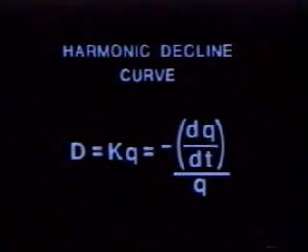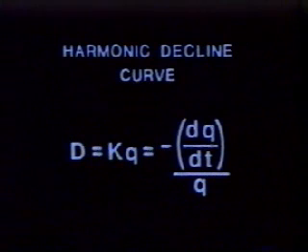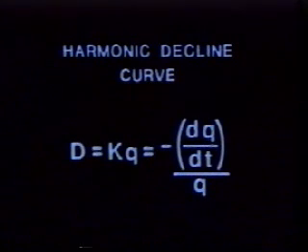Now that we know the basic mathematical relationships for both the constant percentage and the hyperbolic decline curves, let's take just a few more minutes to develop the relationships for the harmonic decline curve. We begin once again with our decline rate relationship, in this case one where d is equal to k multiplied by q raised to the first power.